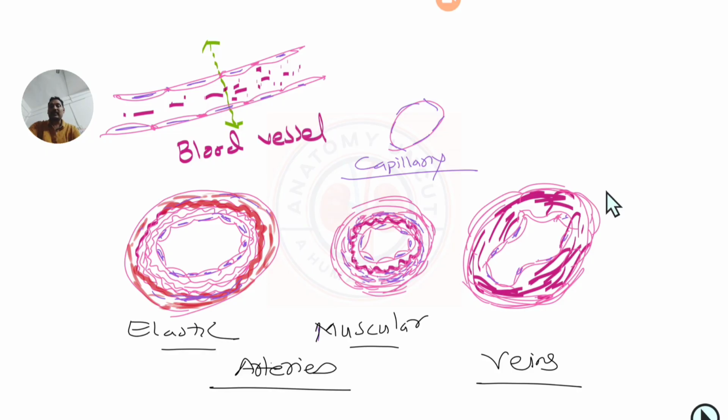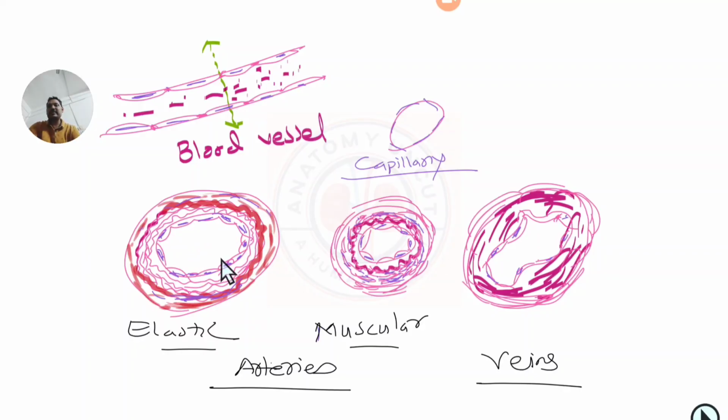Now, in the structure, if you take a section through the blood vessel, generally a blood vessel has a lumen. It has a lining of epithelium, we call it endothelium, with flat nuclei, flat cells. If you take a cross section through it, you may see this kind of thing.